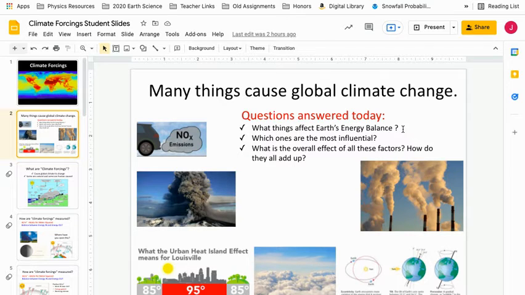So we're essentially in a balance, and we are right now altering that balance. And the point of today's activity is to see how we're affecting that balance. So, which of the different variables are going to be most influential in determining our energy balance? And then what's the overall effect based on the 13 climate forcings that you're going to look at today, and how do they all add up?